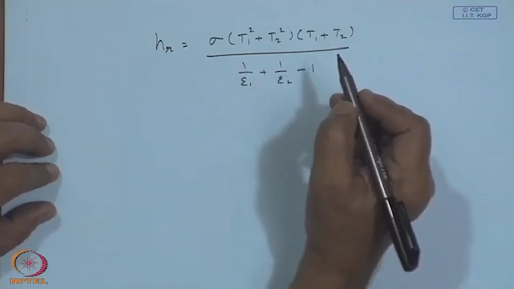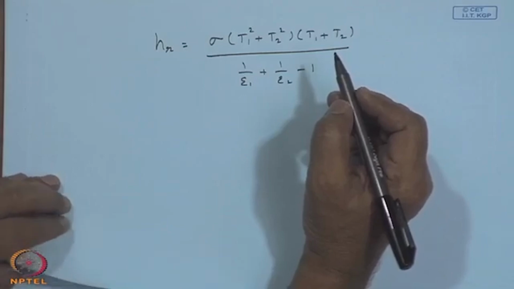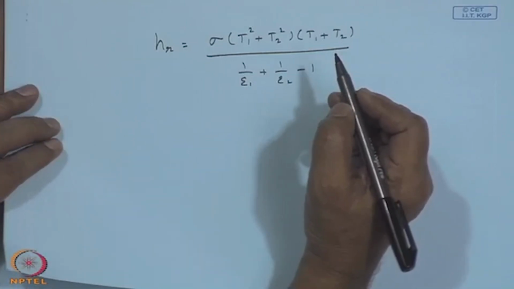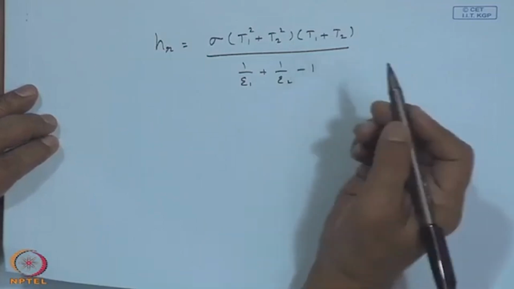Most of these relations are similar, and in fact, they are repetitive, which we are deliberately doing in order to bring out the subtle differences between configurations 1, 2, 3 or for that matter even for air heaters. So, one should be careful.